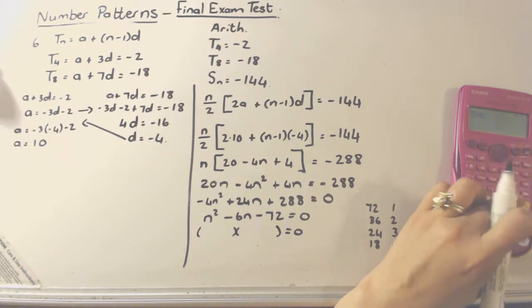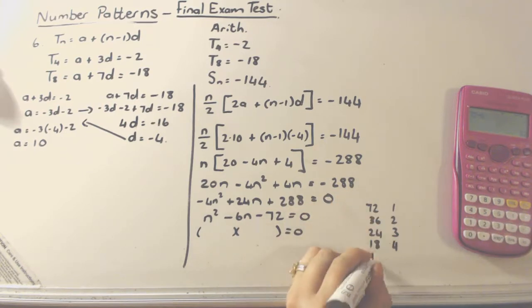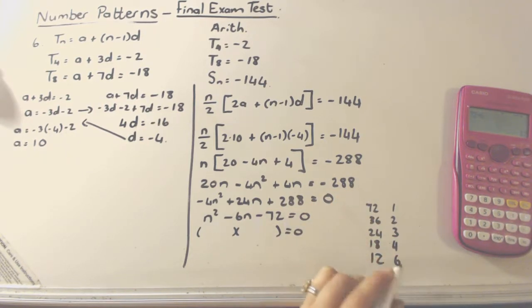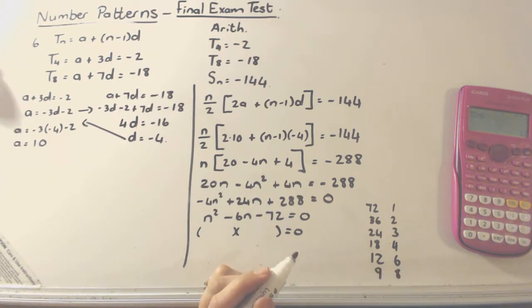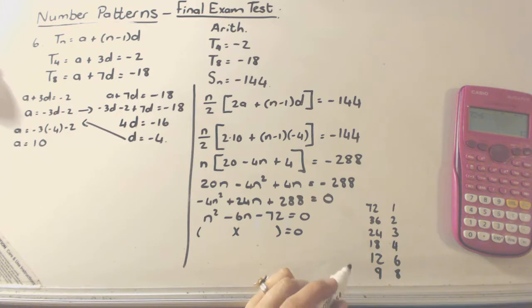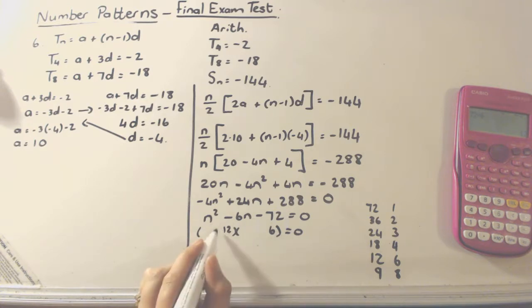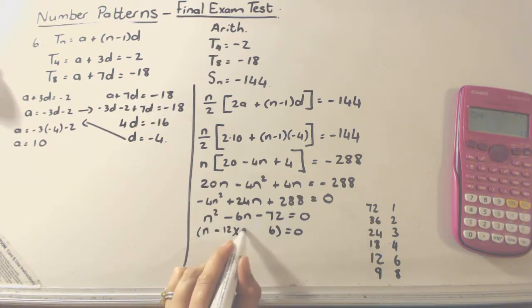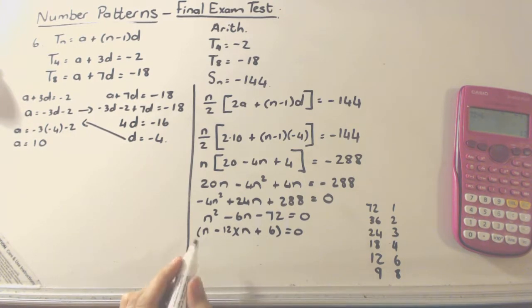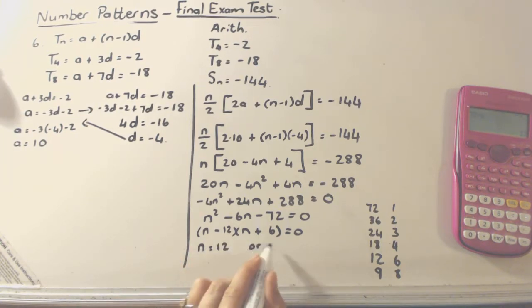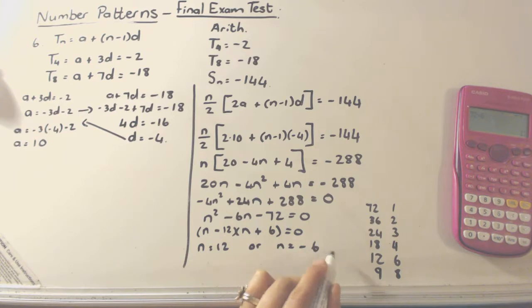Let's quickly divide it by 6. 12, 6. Yes, that's going to work. And then 7 is not, 8, 9. So these are the factors. So I'm going to use 12 and 6. Negative 12 or plus 6. Okay, all right. So n is 12 or n is minus 6.